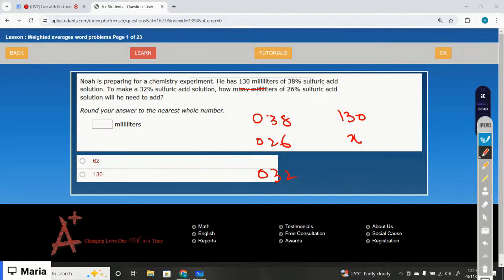So that is 130 plus x, and you have the equation: 130 times 0.38 plus 0.26 times x equals 0.32 times (130 plus x).